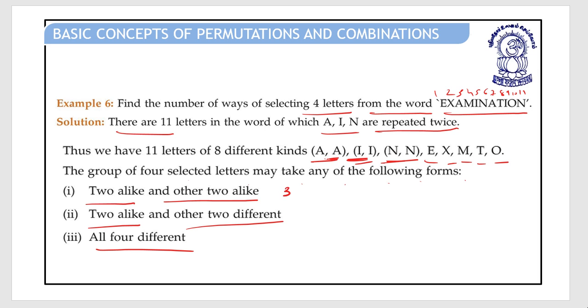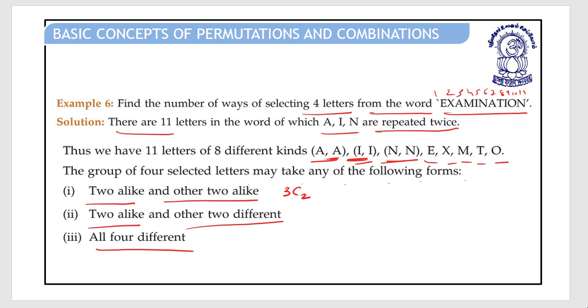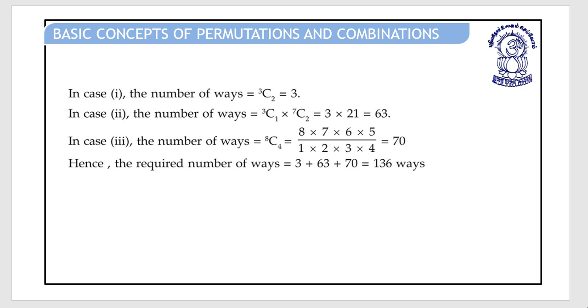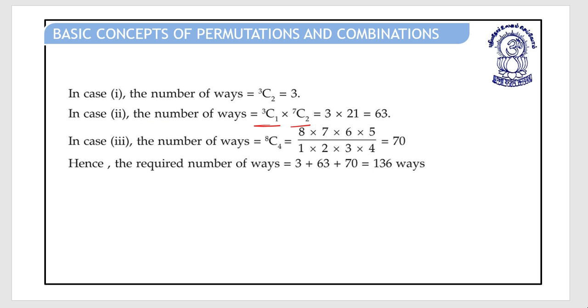So 3C2 is equal to 3. In case 2, the number of ways is 3C1 into 7C2, which is equal to 3 into 21, is equal to 63.